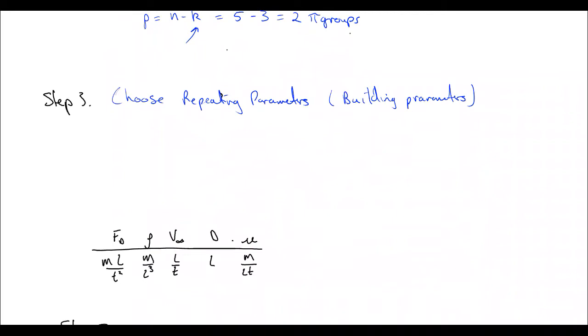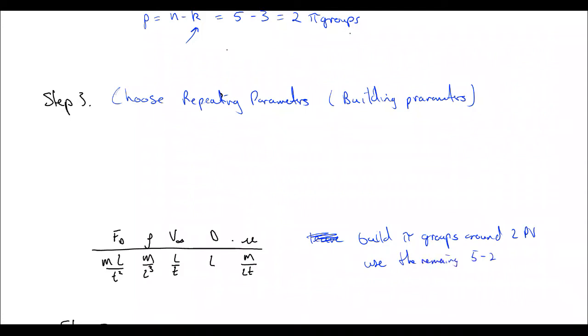Basically, we're going to build pi groups around 2 physical variables and use the remaining 5 minus 2 equals 3 physical variables as our repeating parameters.